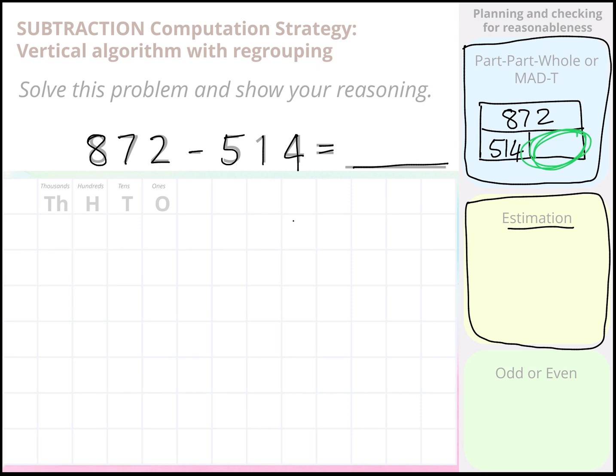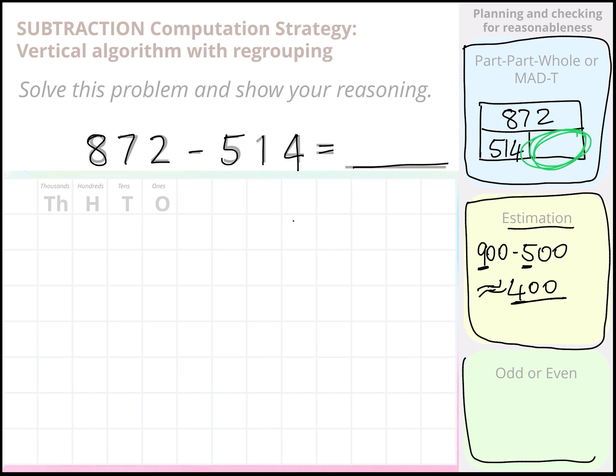So 872 to the nearest 100 is 900, and I'm going to subtract or take away 514 rounded to the nearest 100, which is 500. So 900 take away 500 is going to be 400. So my answer is going to be around about 400 in my estimation.